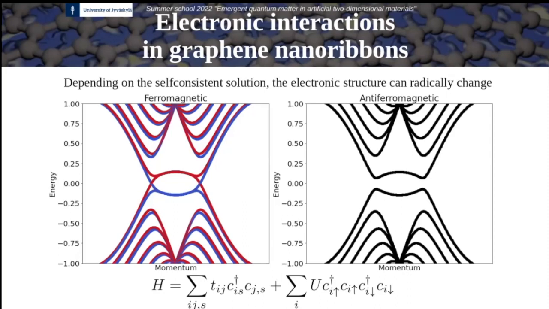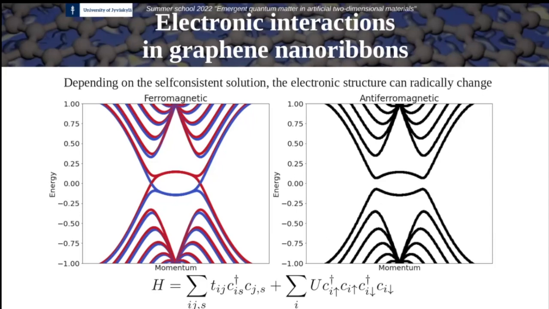So this is something that actually happens very often when you consider interactions at the mean field level in an electronic system. You may find many different self-consistent solutions, namely that they verify the mean field equations, but that they can have different properties. And this is one case: one state that is ferromagnetic, one that is antiferromagnetic.